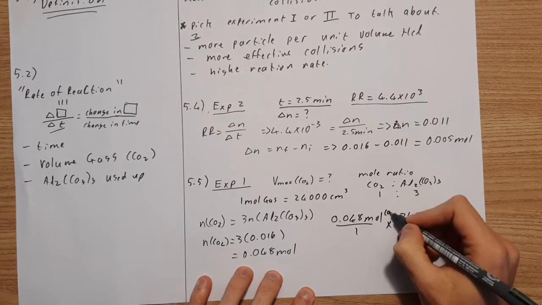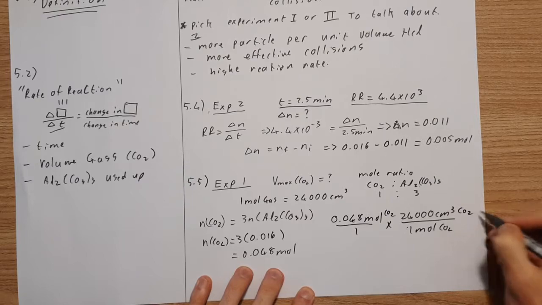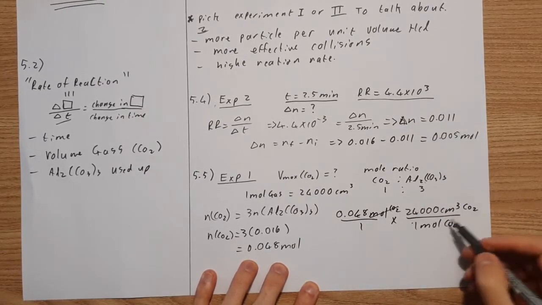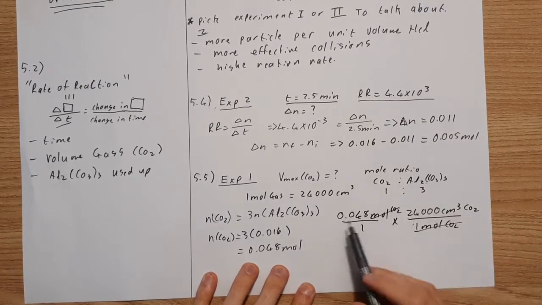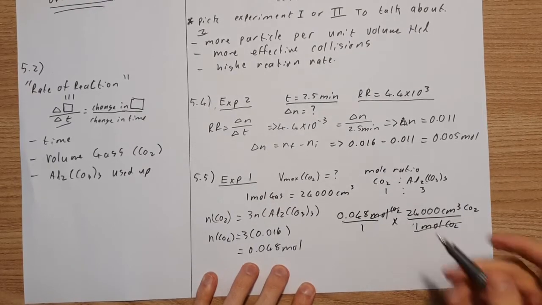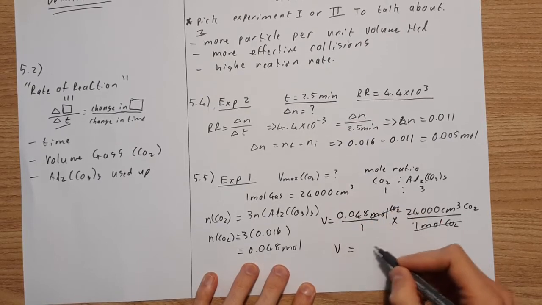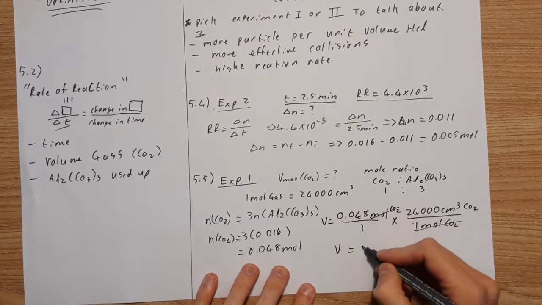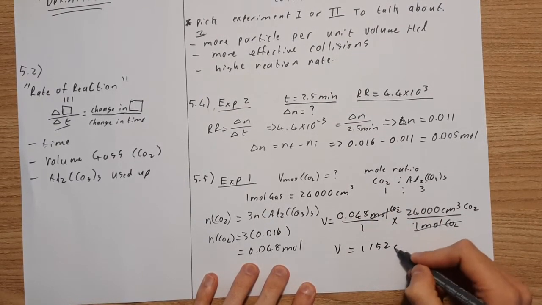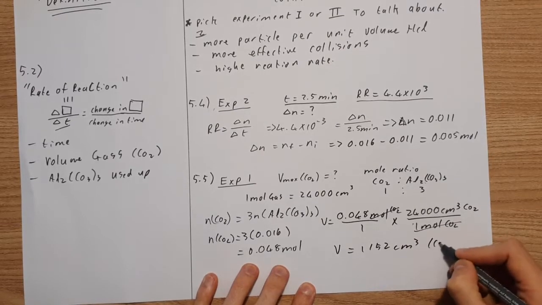Okay, let me just write CO2 over there and CO2 over there. So we can see that moles of CO2 and moles of CO2 are going to cancel over there. So 0.048 times 24,000 gives us a final volume of 1,152 centimeters cubed. Okay, and that's of CO2.